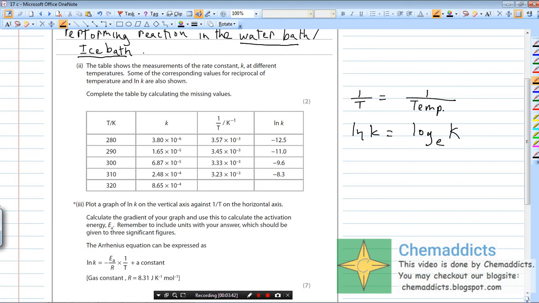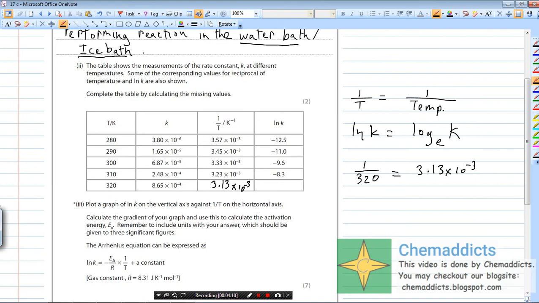So if we calculate 1 by 320, we will get 3.13 into 10 to the power minus 3. So the value for this one should be 3.13 into 10 to the power minus 3.